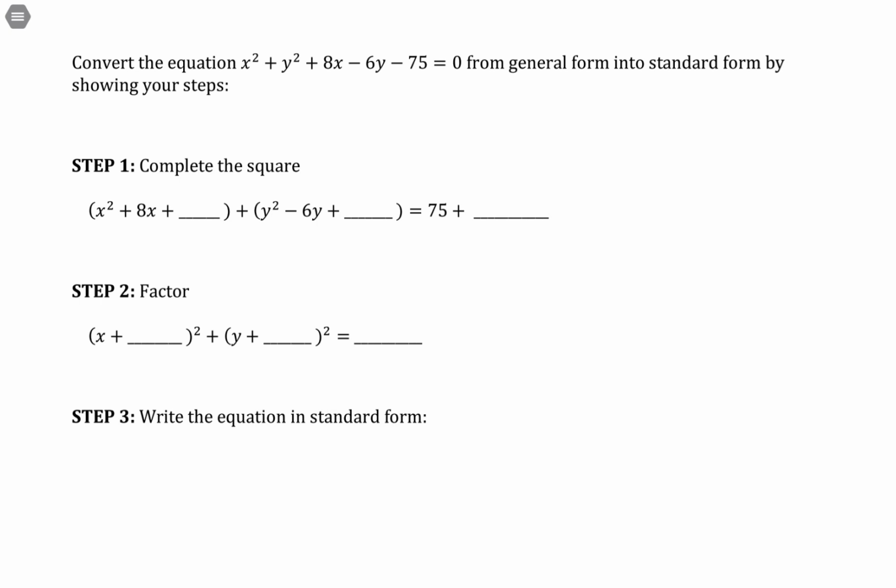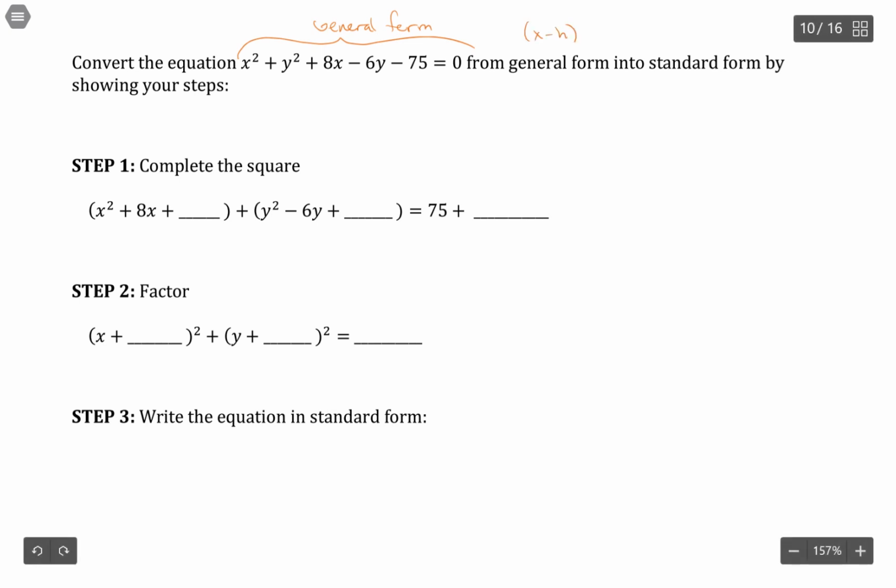Oftentimes one of the most challenging things for students when working with equations of circles is to change from general form, which is this form right here, into standard form or center-radius form, which looks like (x minus h) squared plus (y minus k) squared equals r squared. Because what we have to do is complete the square in both the x and y variables.